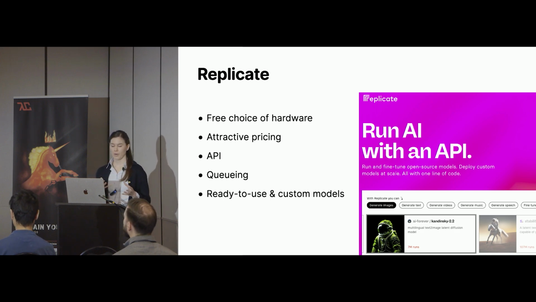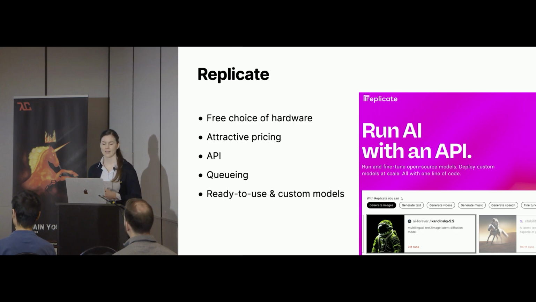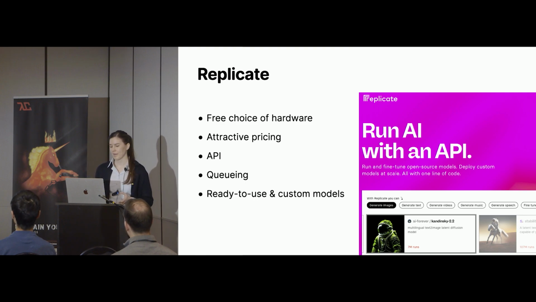It supports queuing, so you can actually scale access to the model when multiple users try to use the app at the same time. And Replicate also has ready-to-use models like Stable Diffusion, but it also offers the possibility of deploying your own models.